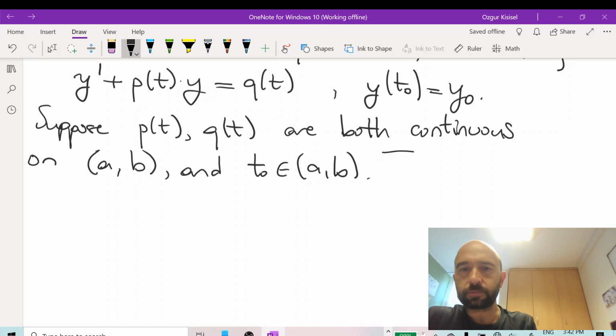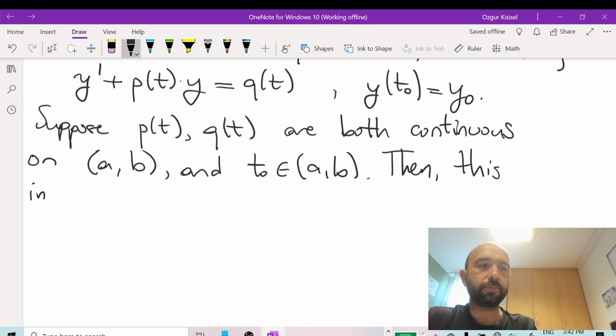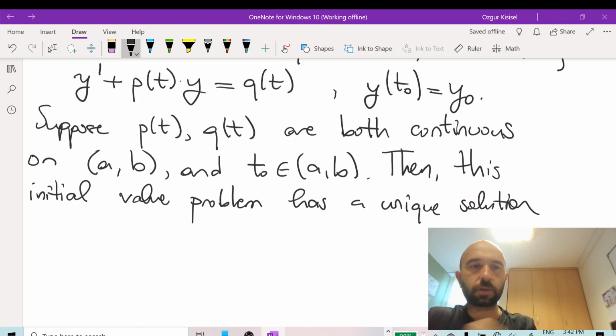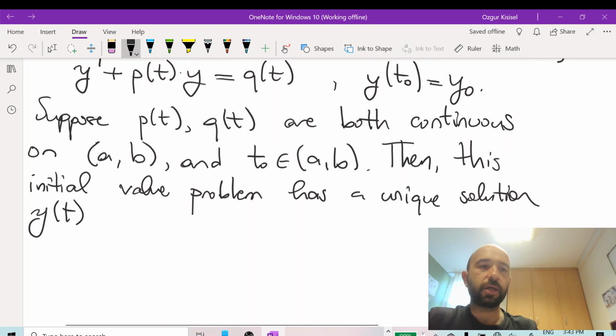Then this initial value problem has a unique solution y of t, which extends, I mean, the first question is, does it have a unique solution near this point t0?